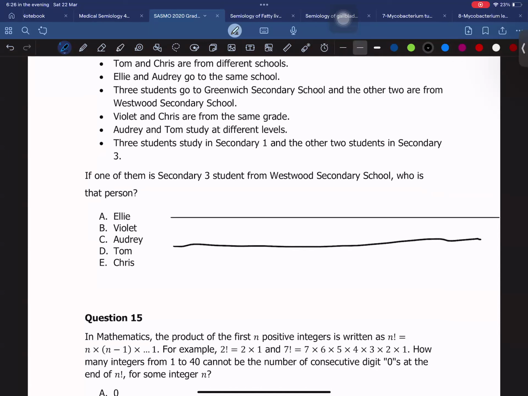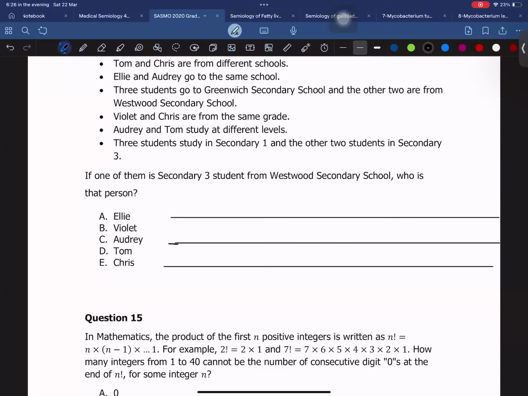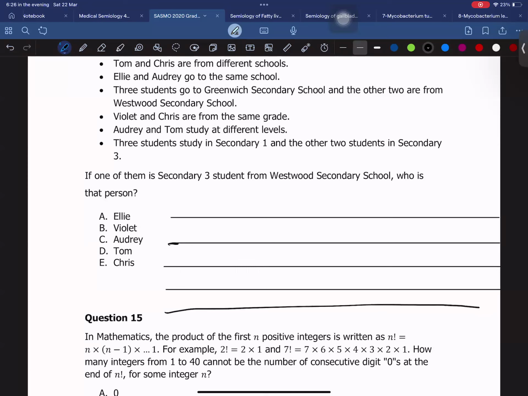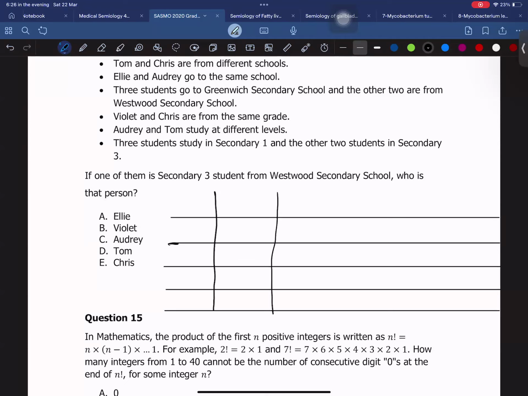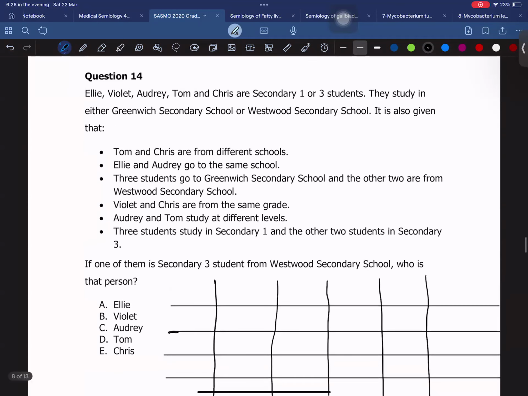Yeah, so we need to draw a box. Okay, so how many people? 1, 2, 3, 4, 5.